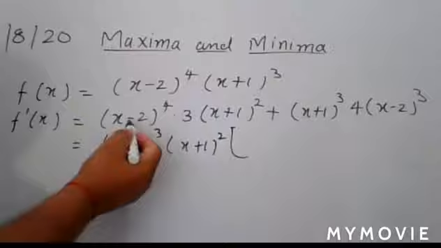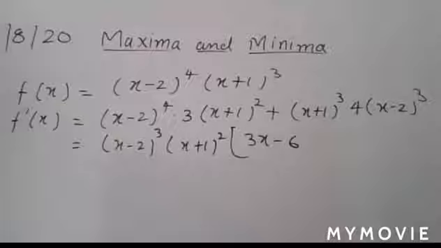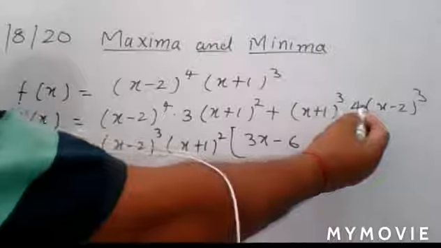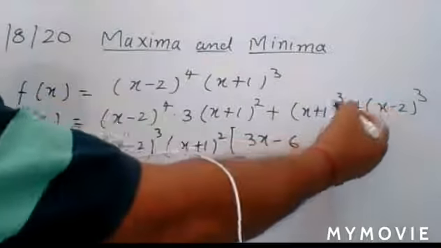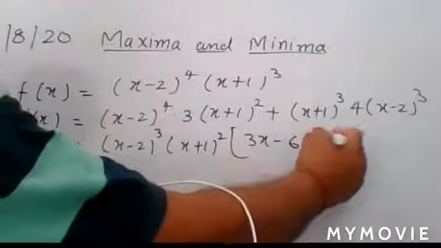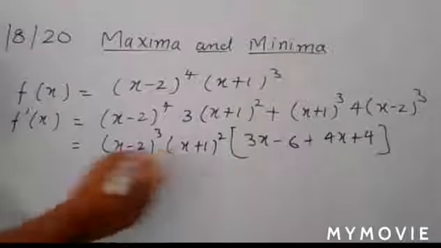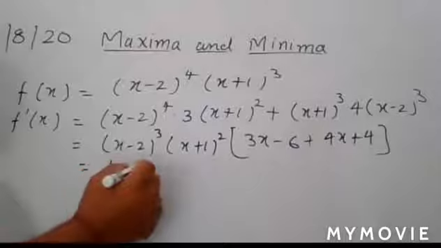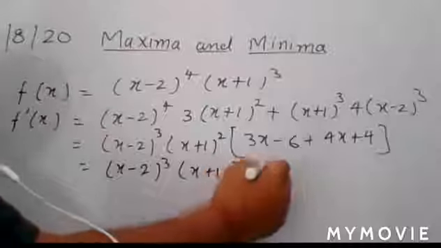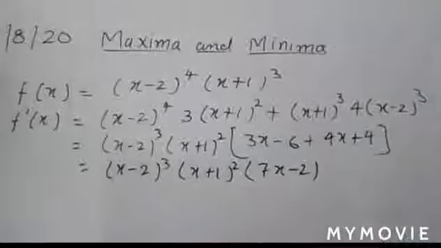You have 3 times this factor, which is 3x - 6, and taking x - 2 common, here you have only x + 1 left, multiplied by 4, so 4(x + 1). Simplifying, you have (x - 2)^3 (x + 1)^2 times (7x - 2).